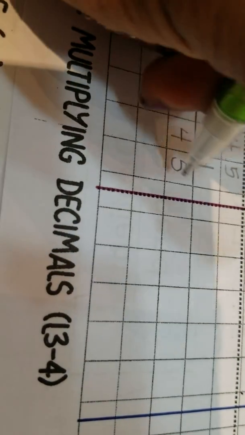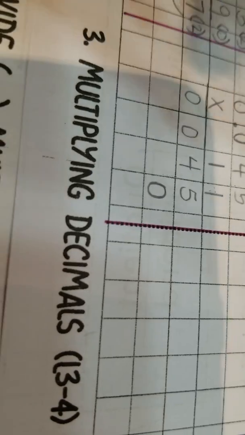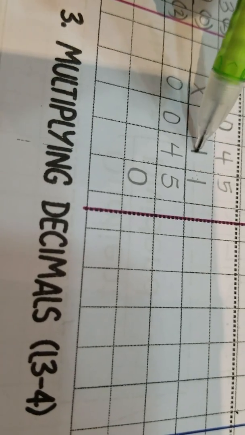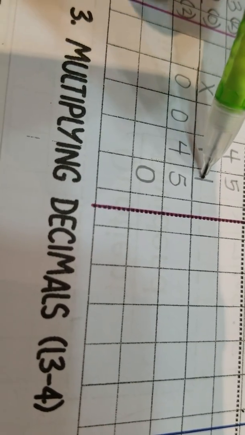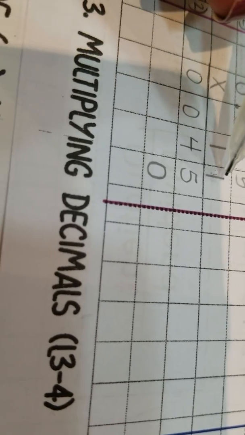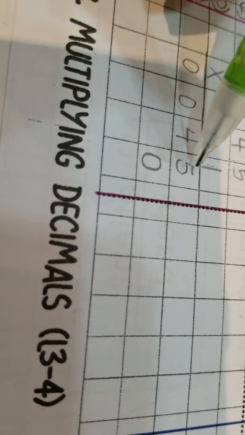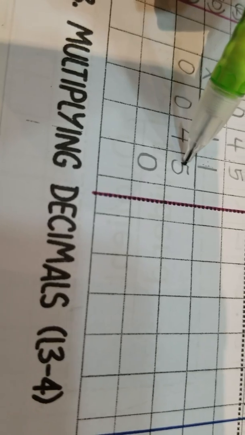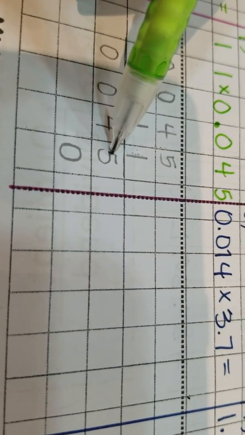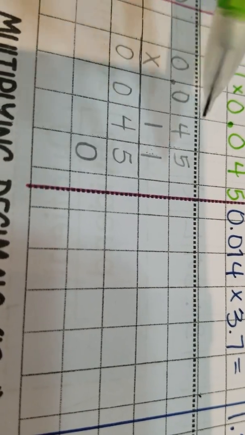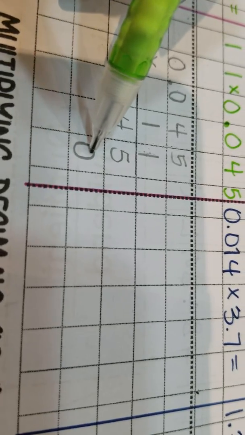Okay. Now we have to put the 0 here to hold the place, because now we're multiplying by this number. So when we multiply by the number in the ones place, or to the furthest right, we start with our answers here. If we move one box over, we have to fill in that space with a 0.